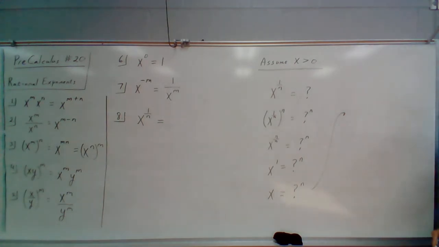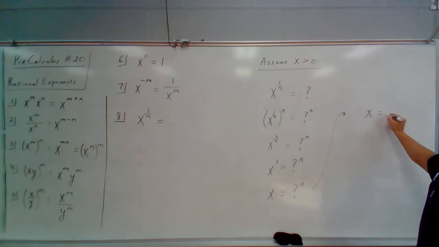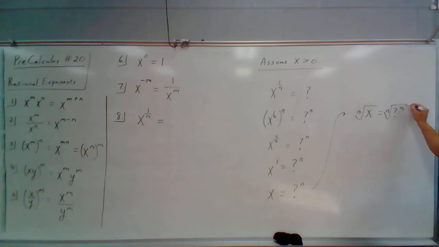Let's take the nth root of both sides of that equation. So I have x equals question mark to the n. And I'm going to do the nth root of this side, and the nth root of that side. So what is the nth root of question mark to the n?